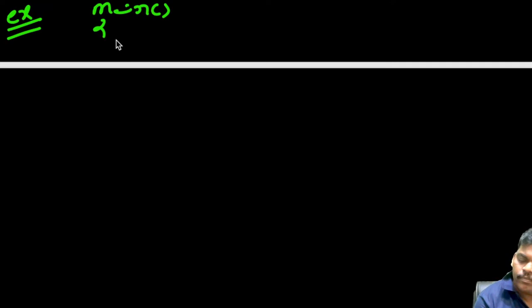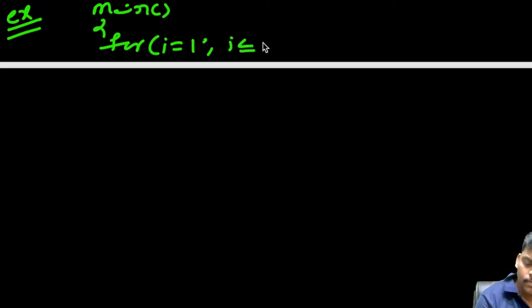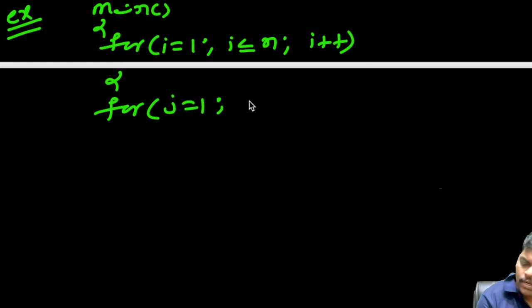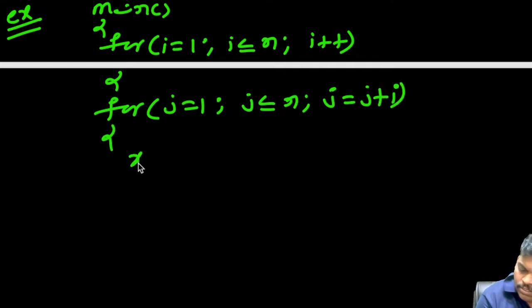for i = 1, i <= n, i++, for j = 1, j <= n, j = j + i, x = y + z.